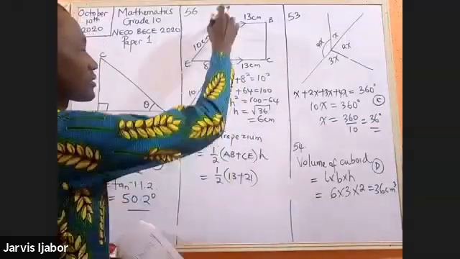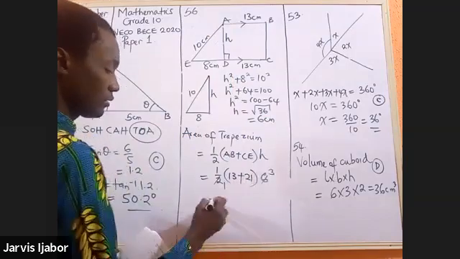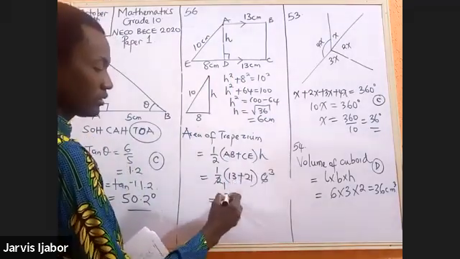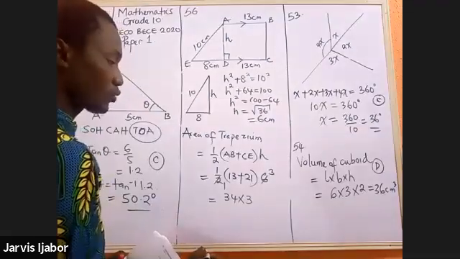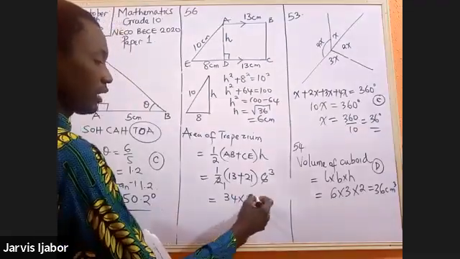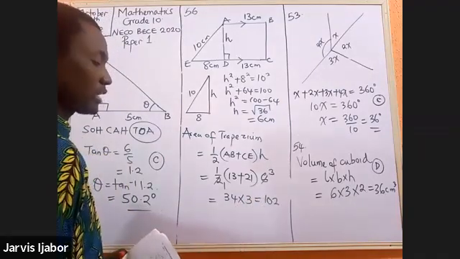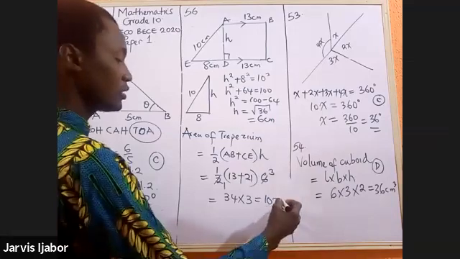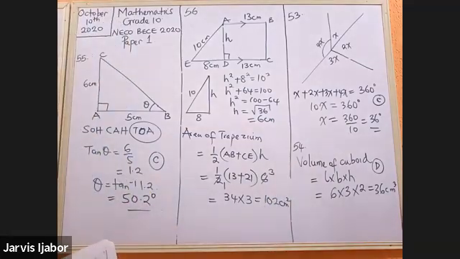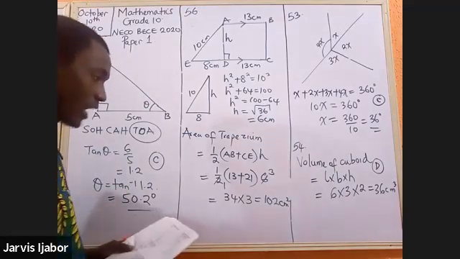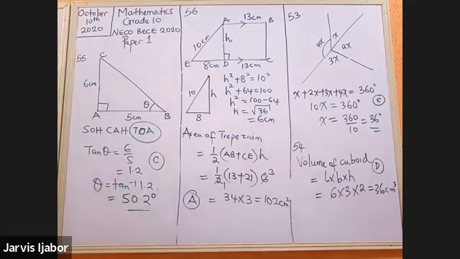What is the height? 6. So this will be 34 times 3, and that will give you 102. I hope I'm right with that. 102 centimeters squared. So that answer will be 102 centimeters squared, and that option would have been A in an exam setup.